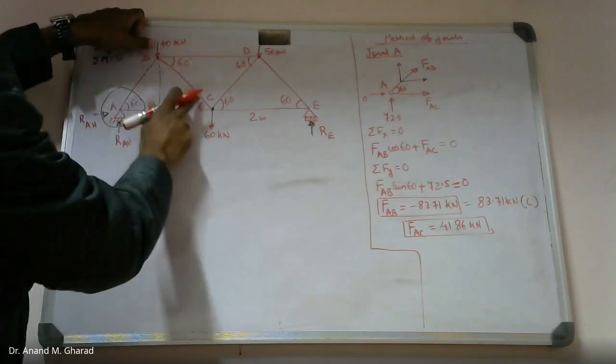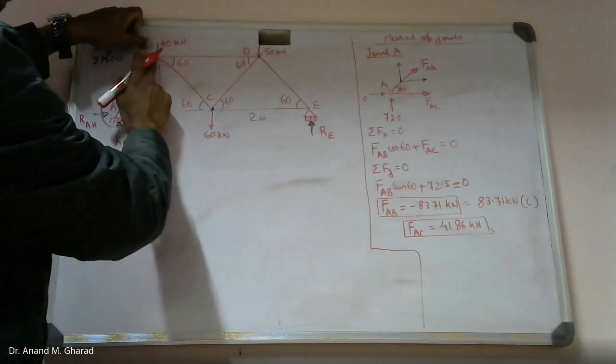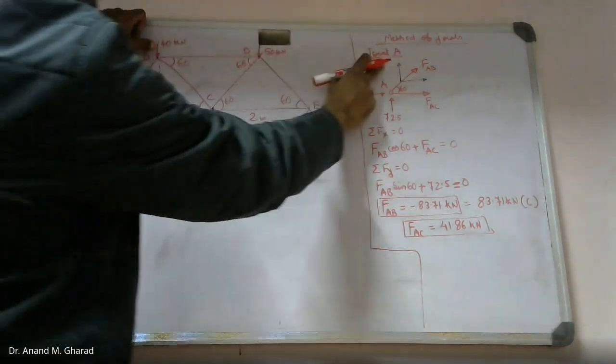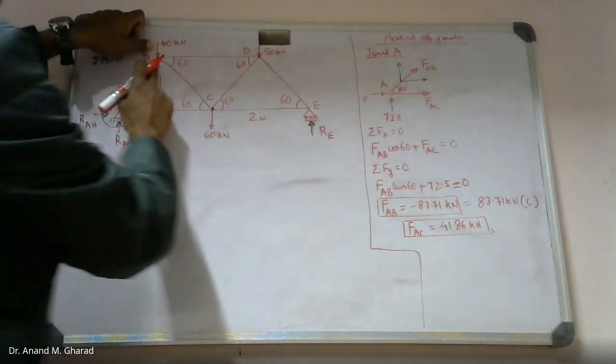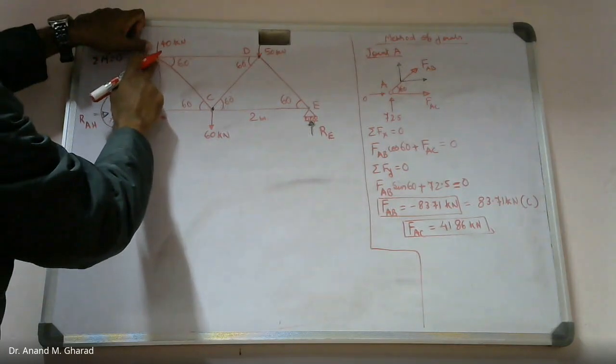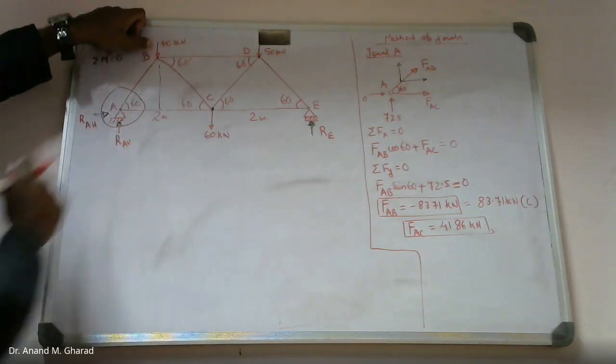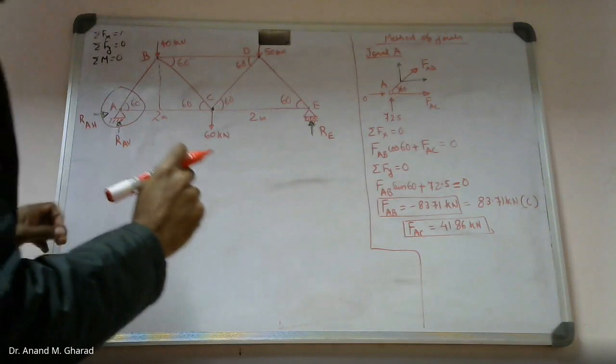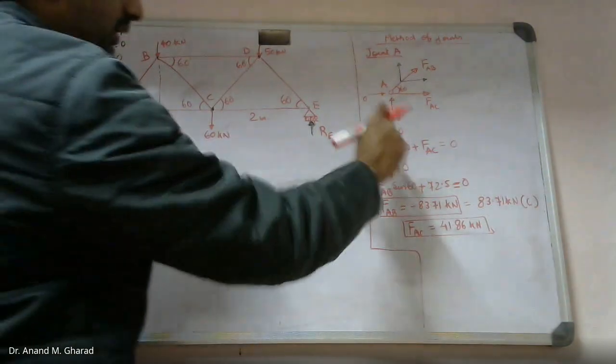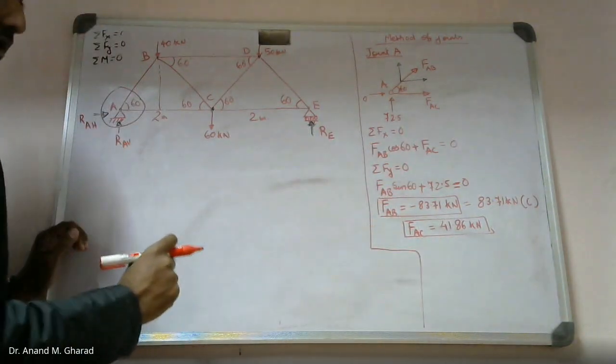BA, BC and BD. So the number of unknowns shall be 1, 2, 3. Okay, so selection of joint initially is very, very important.